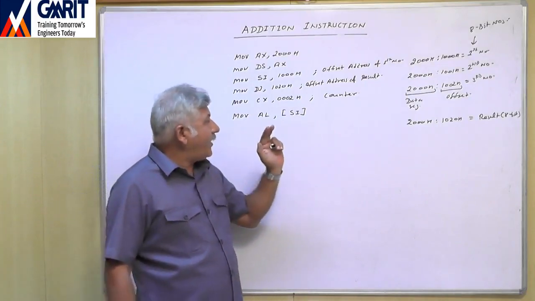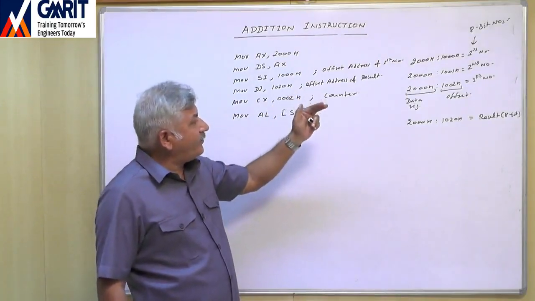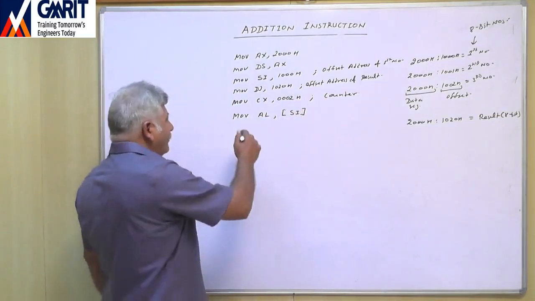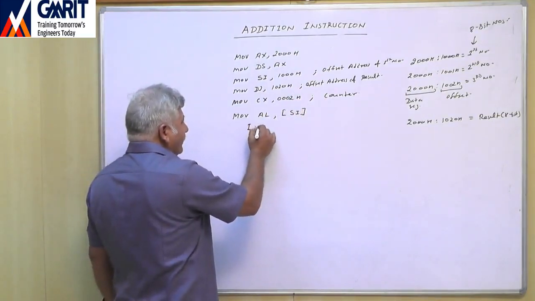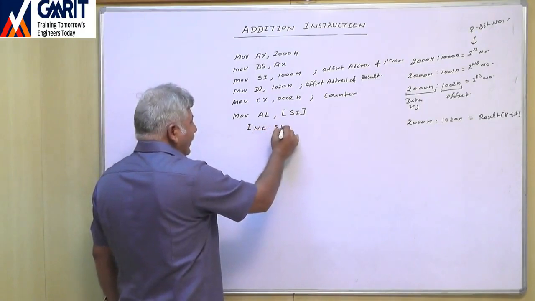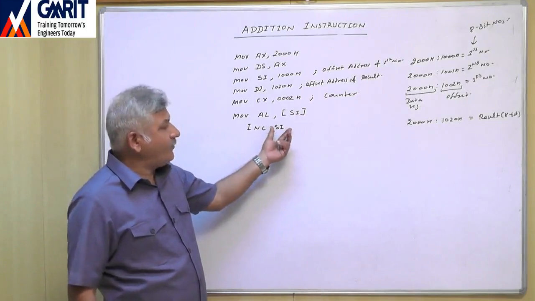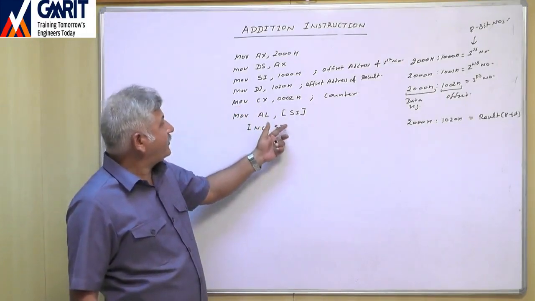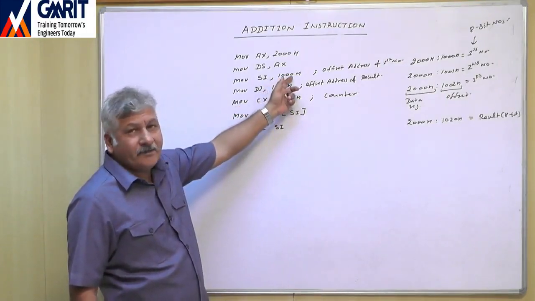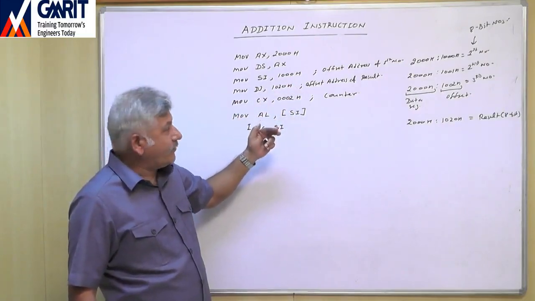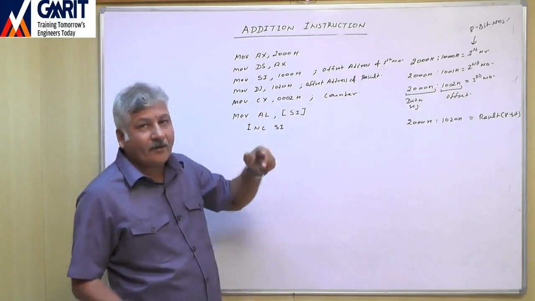Now I will bring the offset address of my second number in SI, right? For this simply I will use instruction INC SI. With INC SI, the value of SI will increase by 1. So in SI we are having 1000H. So now it will become 1001H, which is the offset address of my second number.